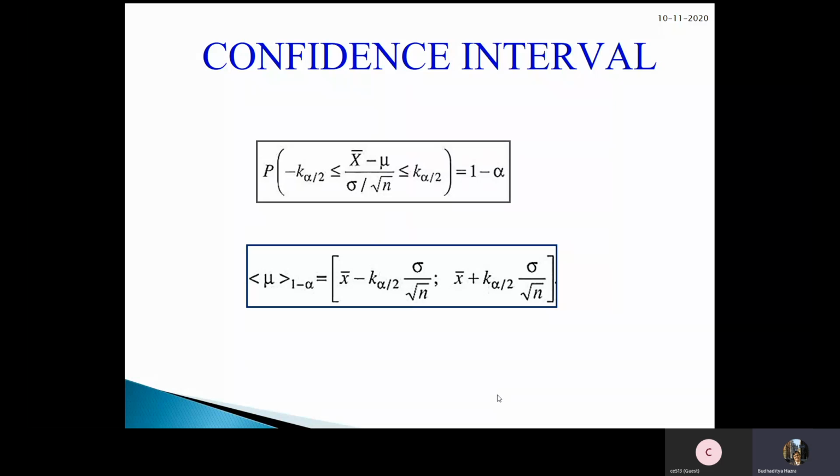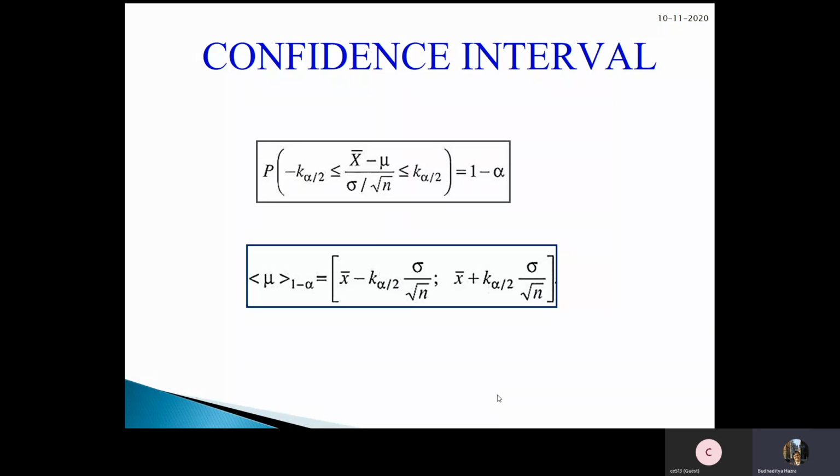The definition of confidence interval is the probability that (x bar minus mu) over (sigma by square root of n) lies between minus k alpha by 2 and k alpha by 2. That is given by 1 minus alpha, right? Which is called the confidence interval.